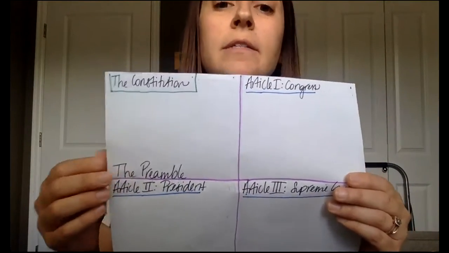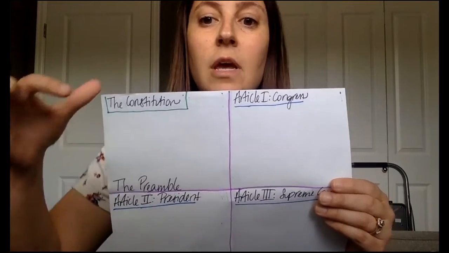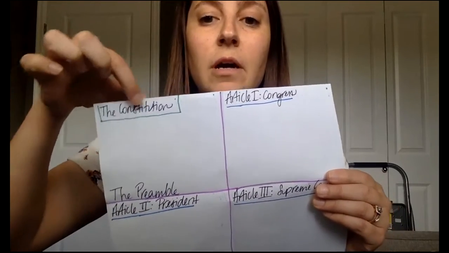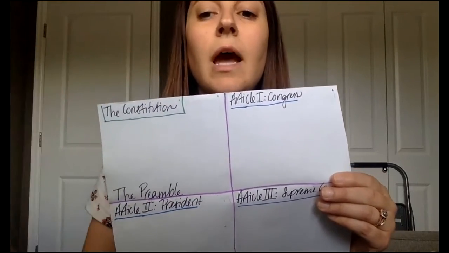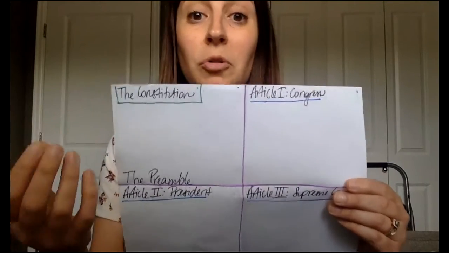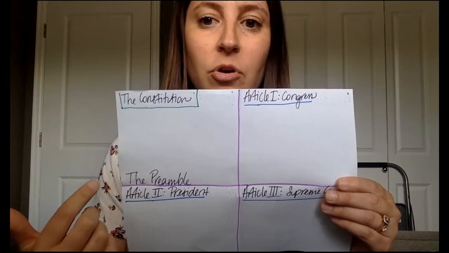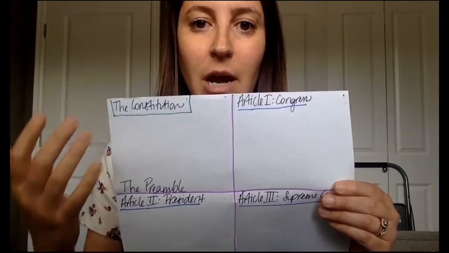The next step says to add the titles, and there are 8 sections. I put a little title here that says the Constitution, so you can add that too if you want, but it's not a requirement. You're going to need the first square for the preamble, which is why it's tucked in the top here.